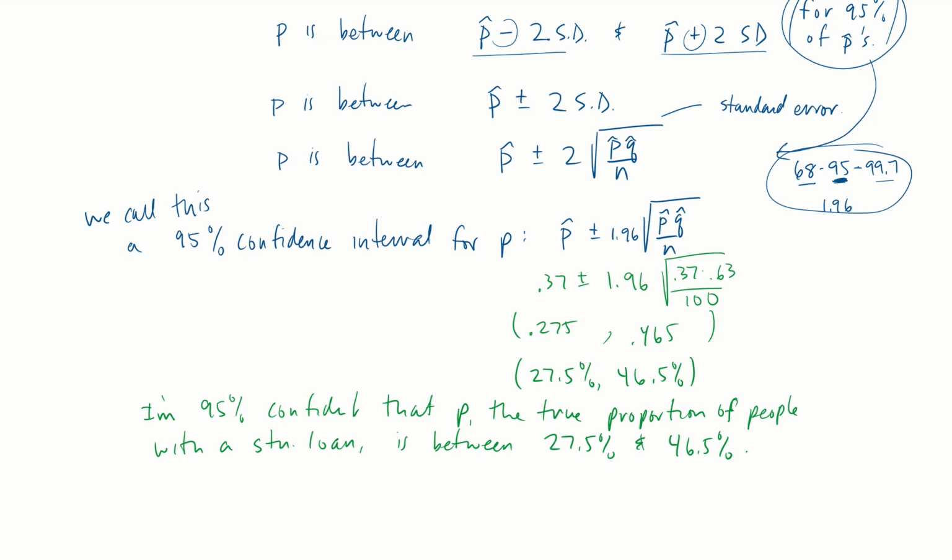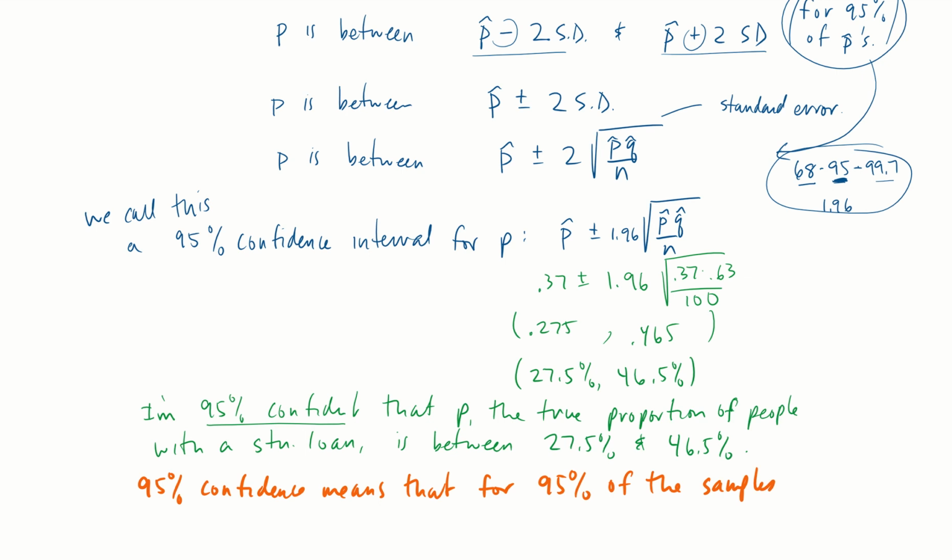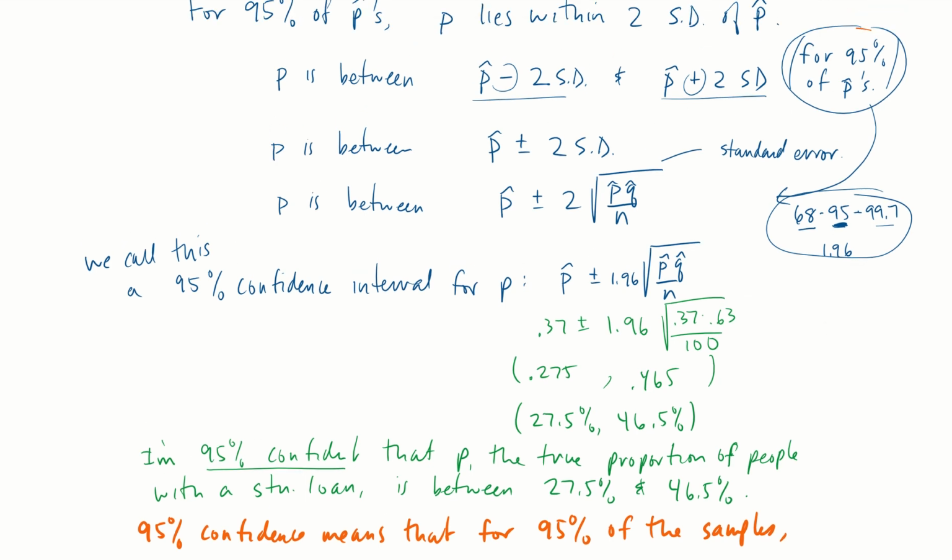So let's define, what does confidence mean? 95% confidence means that for 95% of my samples, P is in this interval.